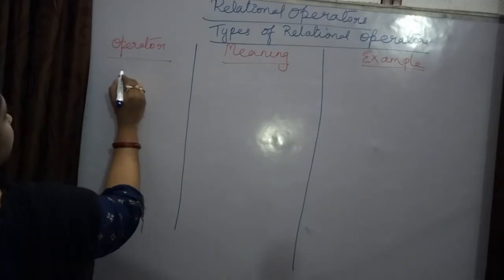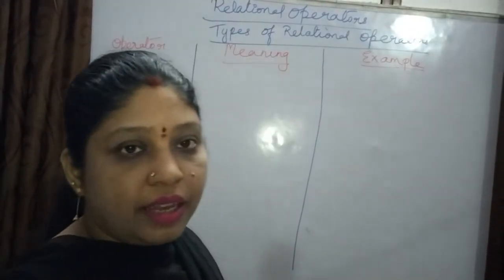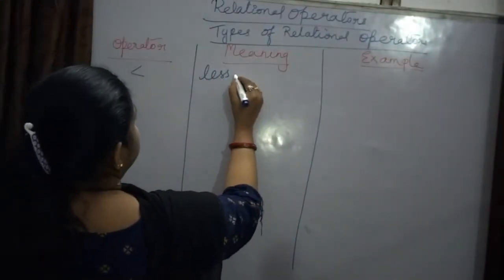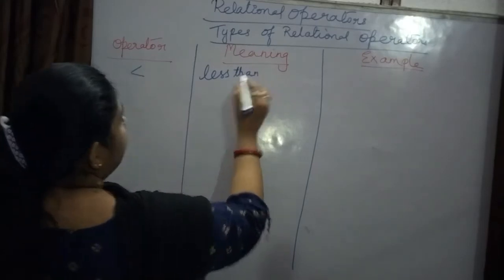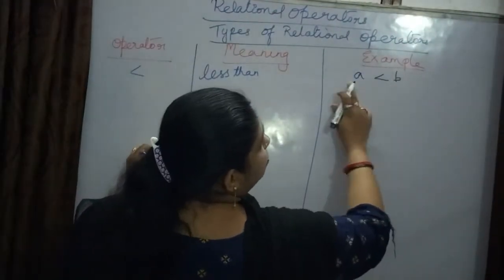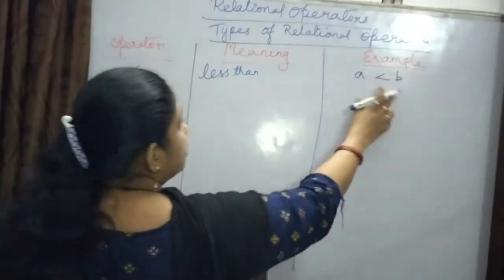First one is the less than sign. The meaning of this sign is less than. How you will use it is A < B. These two are the operands, constants here.